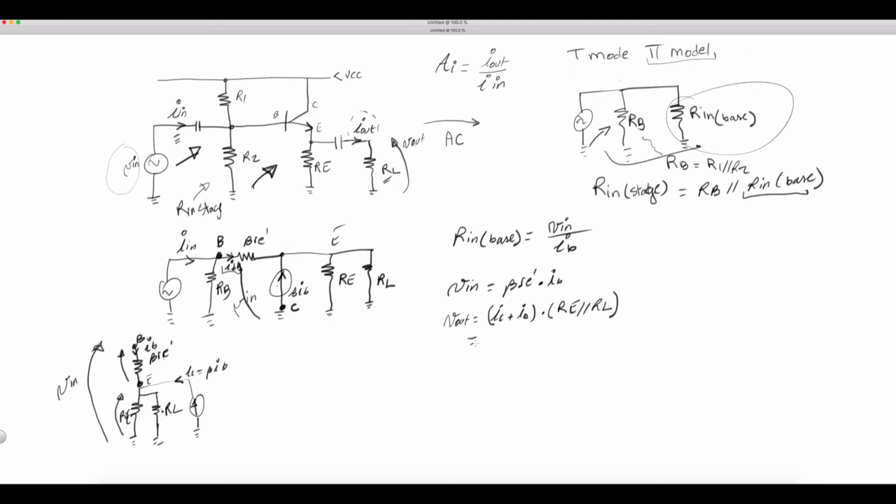And what is this? That's really beta IB plus IB times RE in parallel with RL. And if you factor IB, that would be beta plus 1 times RE in parallel with RL.